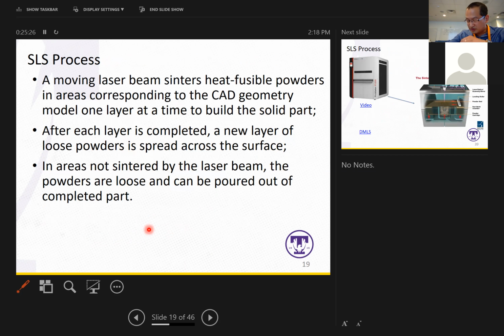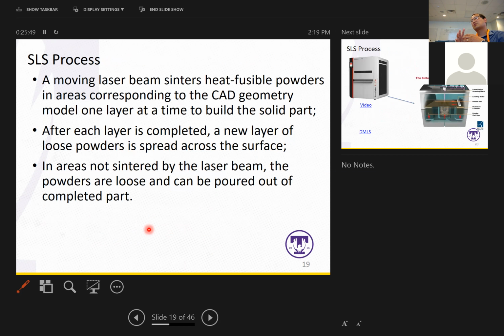So some characteristics. A moving laser beam sinters heat-fusible powders in the area corresponding to the CAD geometry. Basically, once you have one layer of the object, you can just use the laser to sinter it.